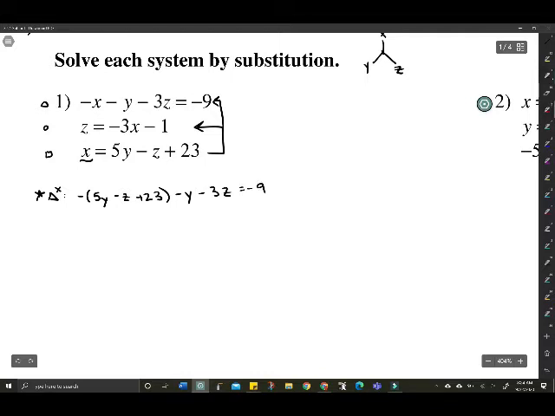So please note, this is just this plugged into this, okay? That's all it is. I'm going to simplify this amount, so it's very important with those parentheses to distribute negative 5y plus z minus 23 minus y minus 3z equals negative 9.